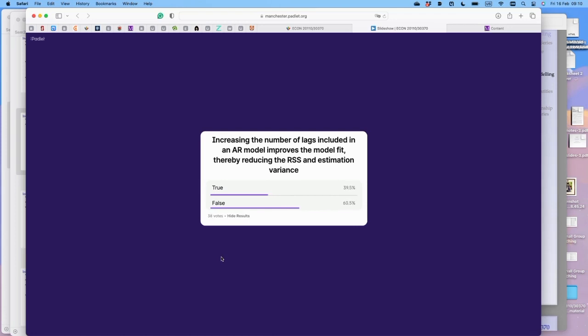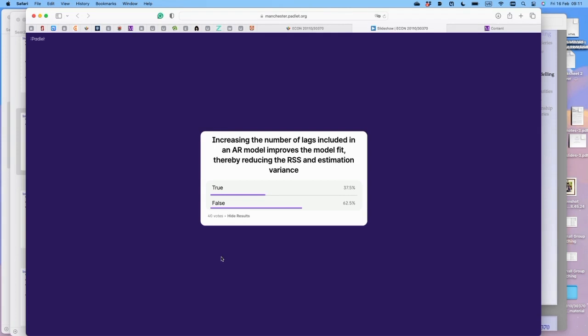This statement contains both correct and misleading claims about the consequence of including more lags in the AR model. First of all, increasing the number of lags implies you include more past values of y on the right-hand side of the equation, which essentially means you included more regressors, more variables to explain the current observation.